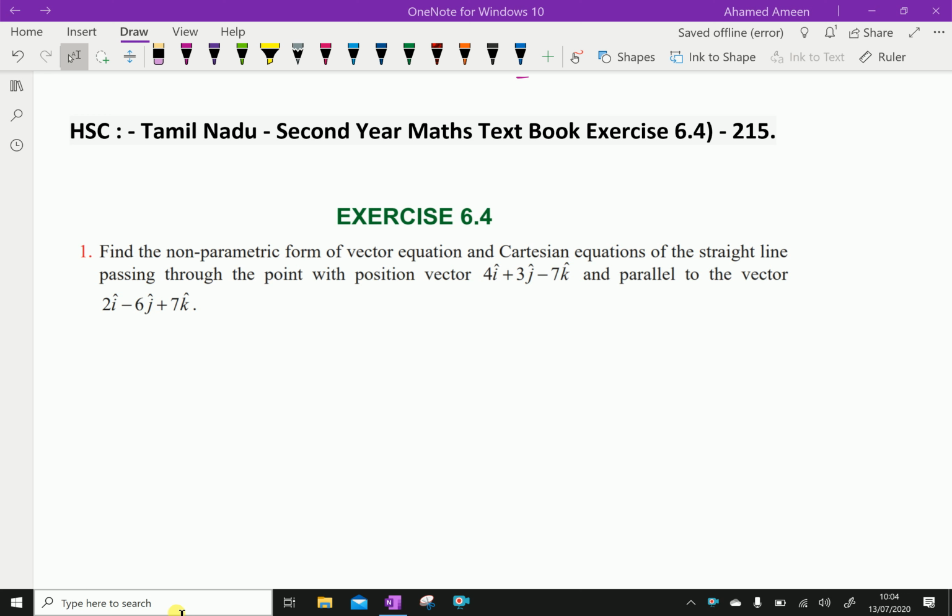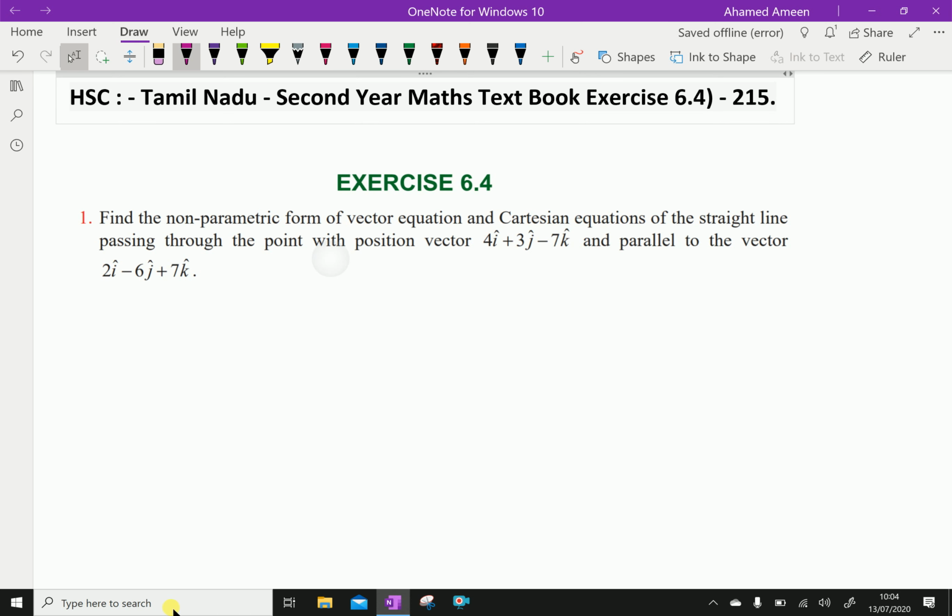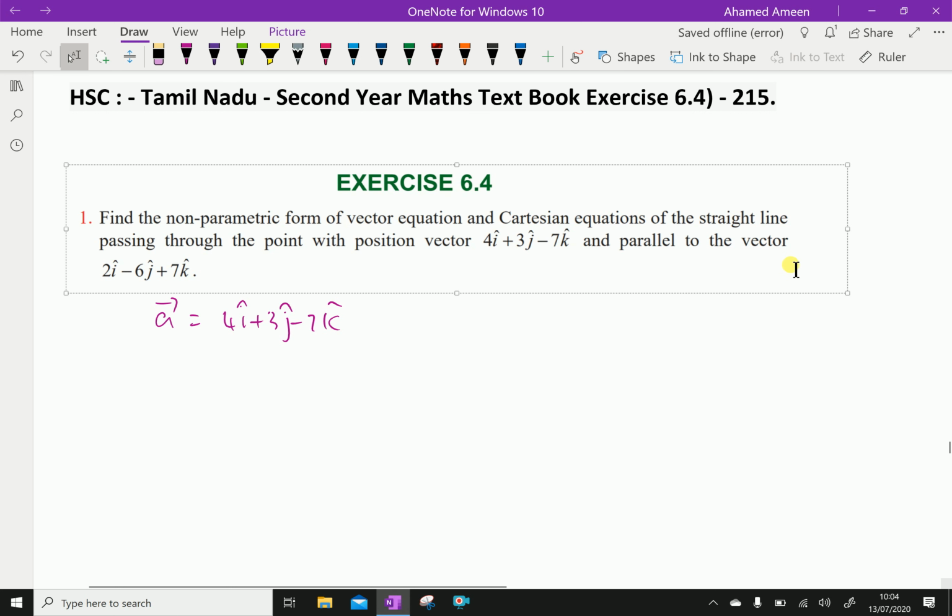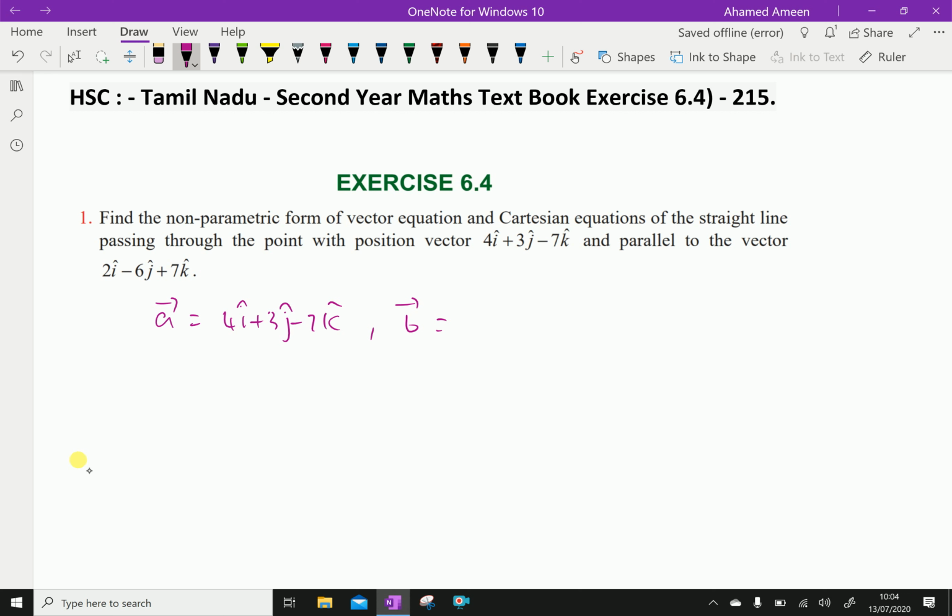Here, the passing through point is vector A equal 4i plus 3j minus 7k, and parallel to the vector, let it be vector B equal 2i minus 6j plus 7k.